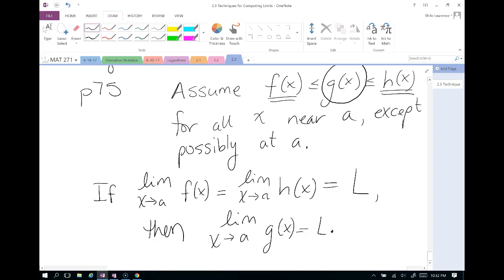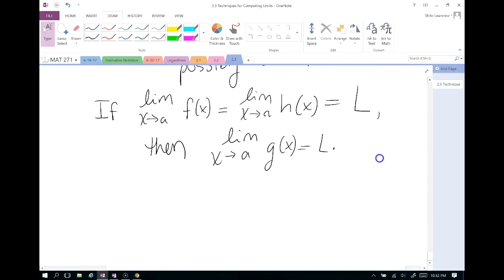This is helpful when we don't really know anything about g except the fact that it's sandwiched in between two other nice functions. So g could be something really crazy that we don't know much about, but we do know that it's always sandwiched in between some really nice f function and some really nice h function, and the f and the h have a nice limit.